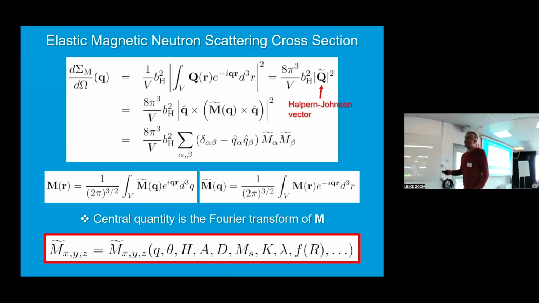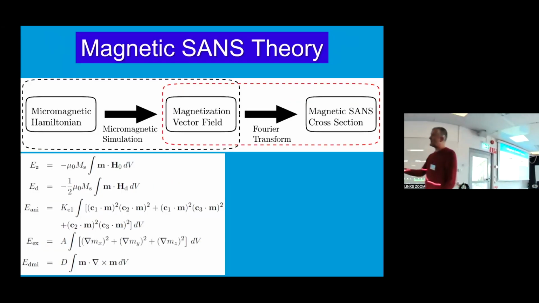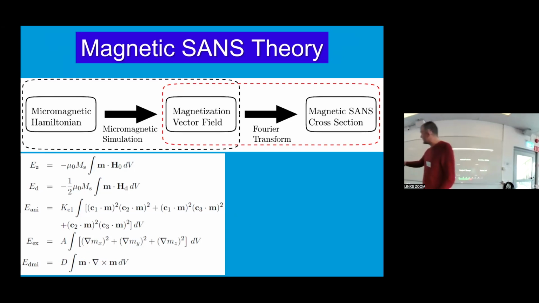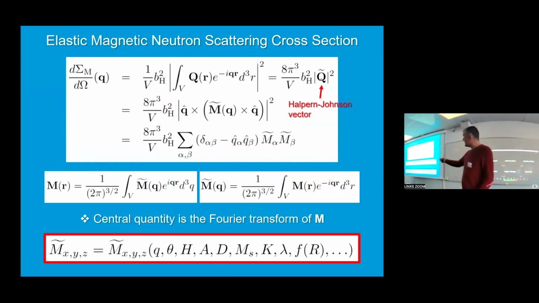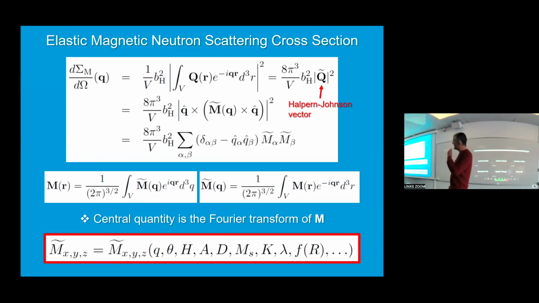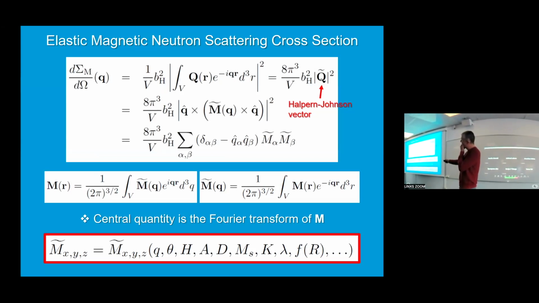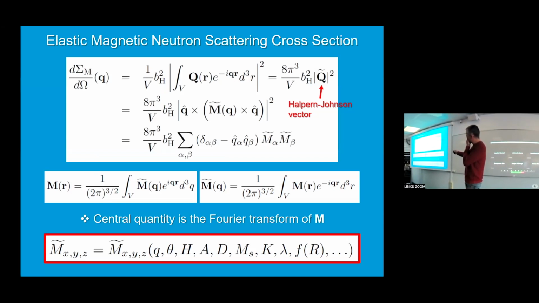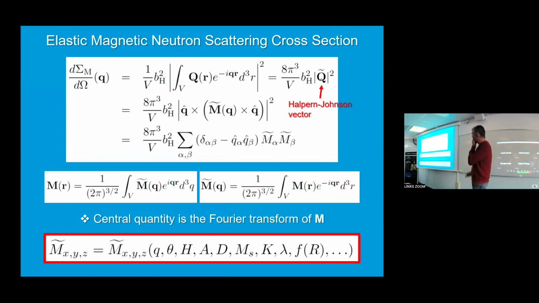So then of course when you calculate the magnetization vector field, you calculate the Fourier transform and then the cross section. This is the well-known expression for the elastic magnetic neutron scattering cross section. So what we measure here, the cross section, is simply given by the Fourier transform of a quantity known as the Halpern-Johnson vector. Not going into detail, but essentially what you see here, in this cross section, you have a constant, and then you have the sum.